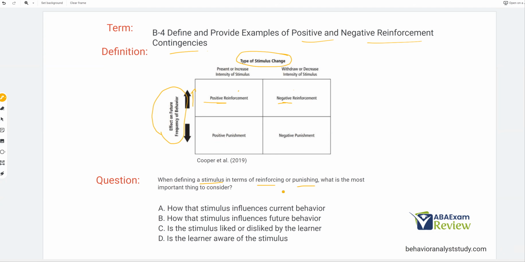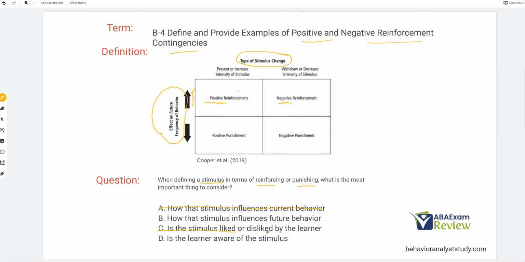So when we talk about reinforcers or punishers, what are we looking at? A, how that stimulus influences current behavior. Well, the error here is we aren't looking at current behavior. We're looking at future. So B, how that stimulus influences future behavior is what we're really looking for. C, is the stimulus liked or disliked by the learner? Doesn't matter. It only matters how it affects future behavior.